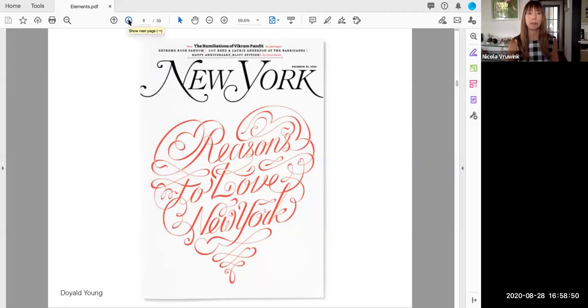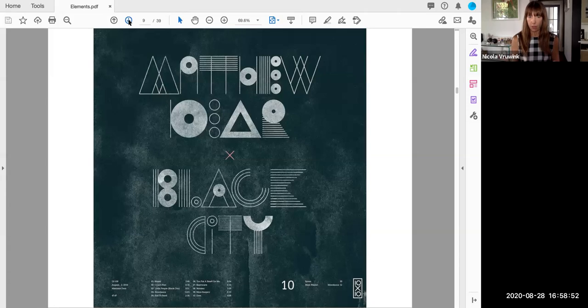How sweet is that? Then by contrast again, here we have again very thin lines, but then paired with these thick strokes that create the letters that say Matthew Dear and Black City. So you've got these geometric shapes that give this sense of structure, and these lines that balance them out and really give us this interesting design.